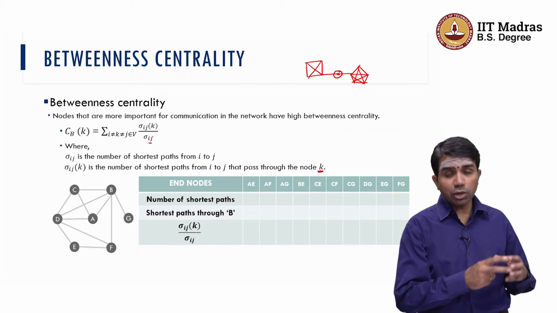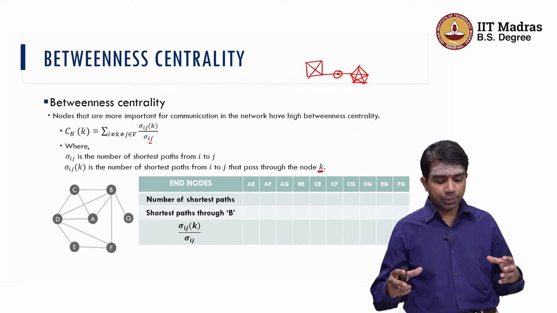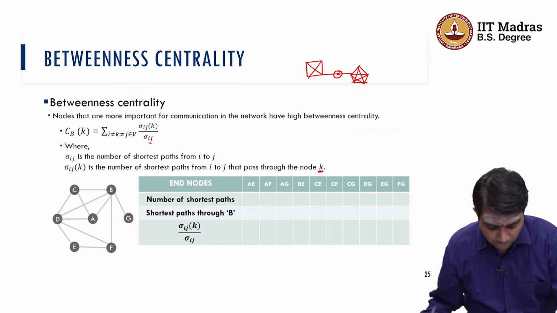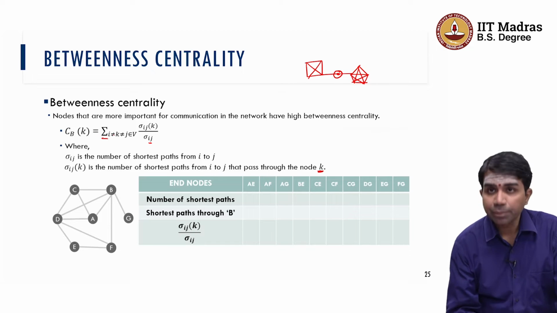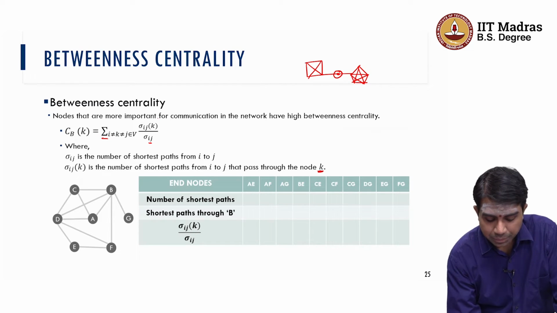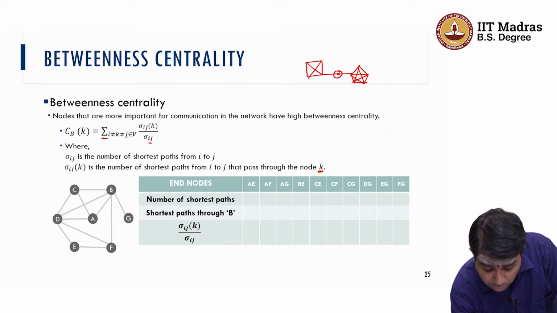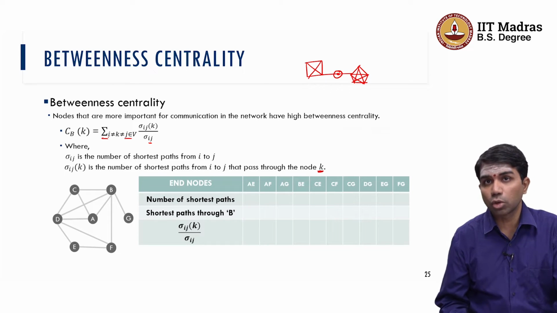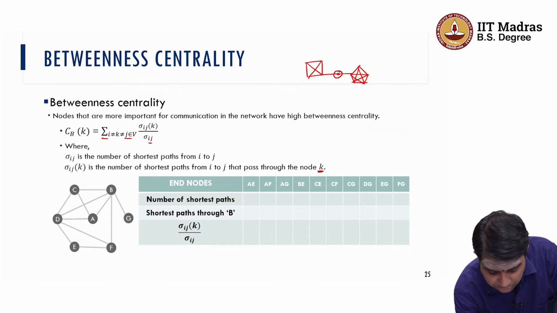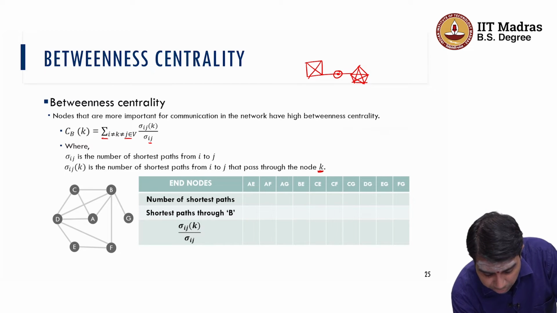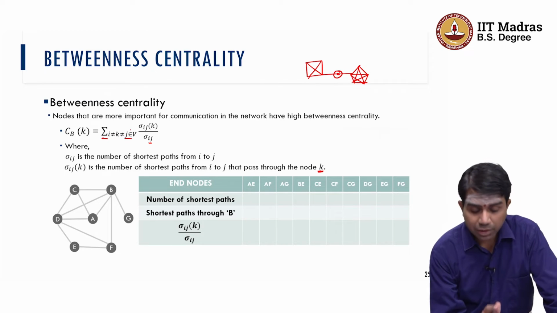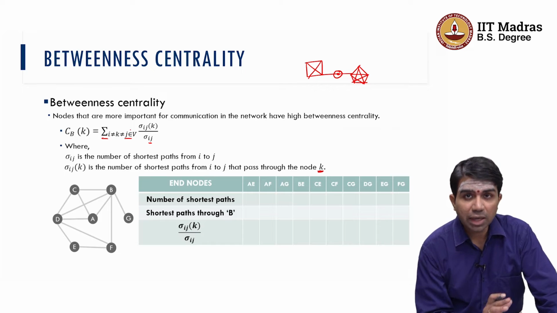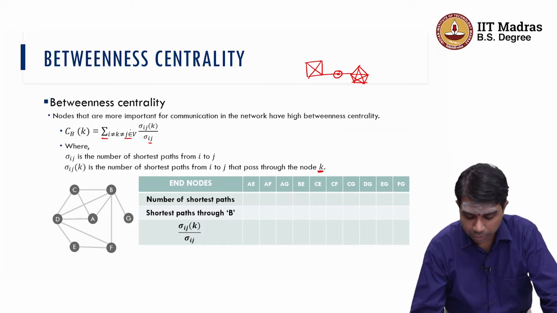So, we have to sum across all the shortest paths in the network, and we eliminate those that begin or end at B, begin or end at the node of interest. That is what is captured by i not equal to k not equal to j, and we are going to sum up these fractions for every single path in the network.